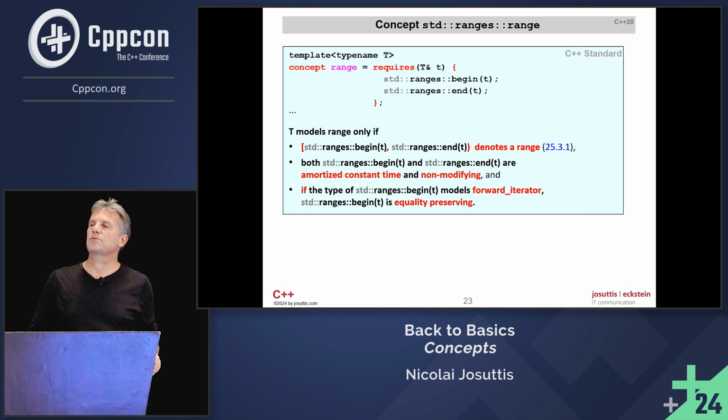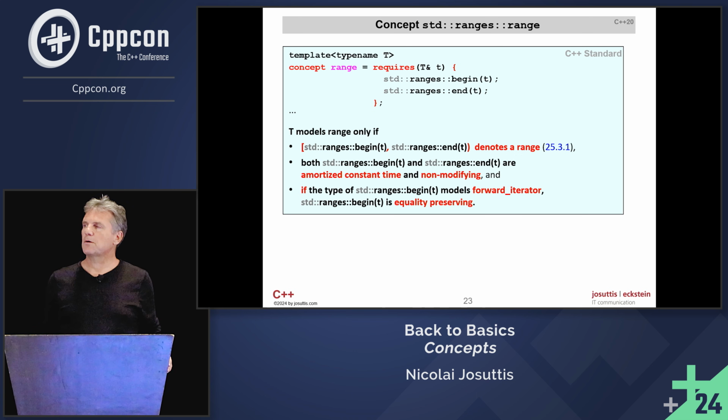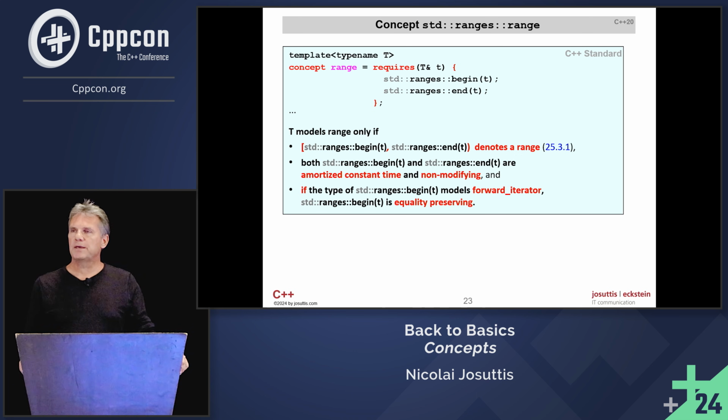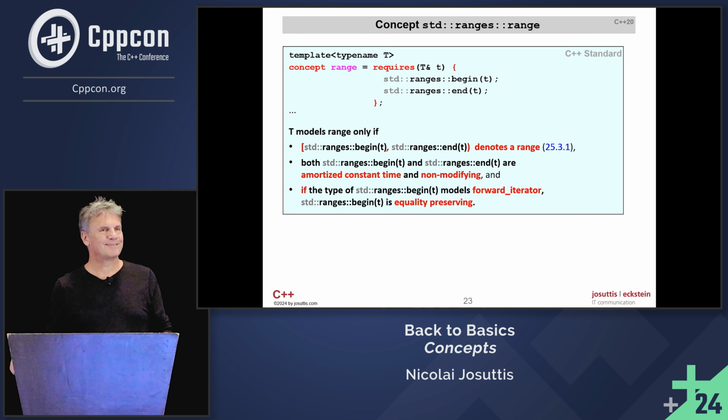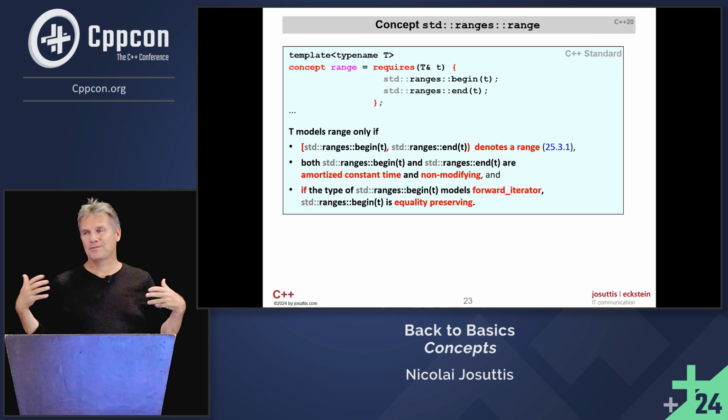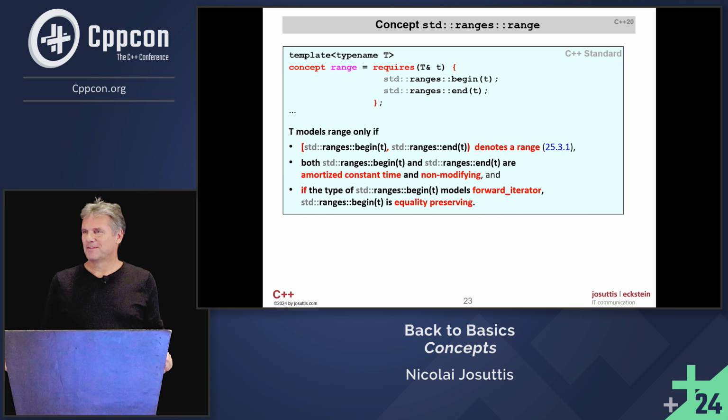All three of these are nothing we can check at compile time. So the first thing says, is it a range? For example, requires begin should be in front of the end, and they should refer to the same object. Yeah, that's nothing we can check at compile time. That's a runtime requirement.